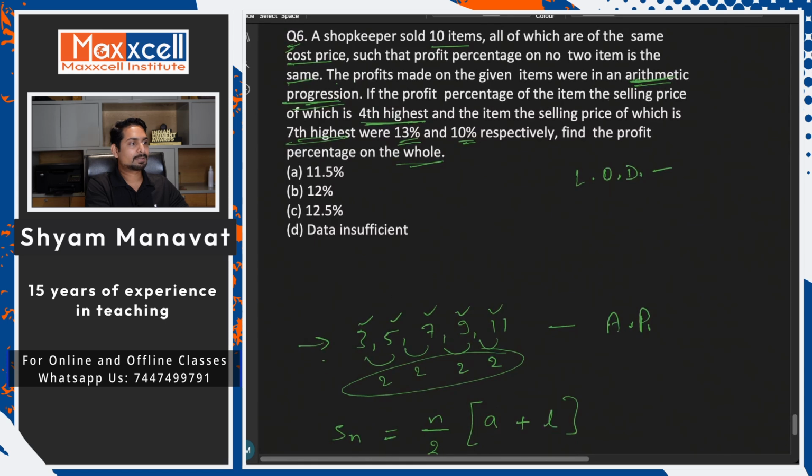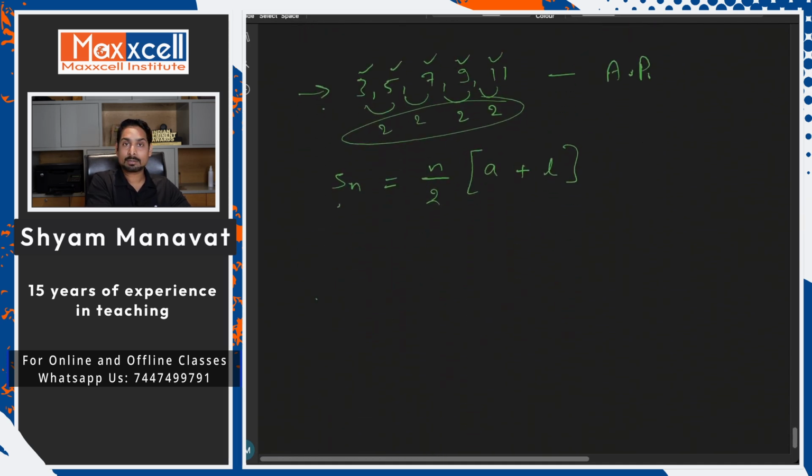So having this concept clear, now 10 items, cost price is the same. Now again you can see that this entire question has only percentages, nothing else. 13%, 10%. Options are also in percentage. So can we assume values instead of assuming variables? Yes. Profit percentage is applied on cost price.